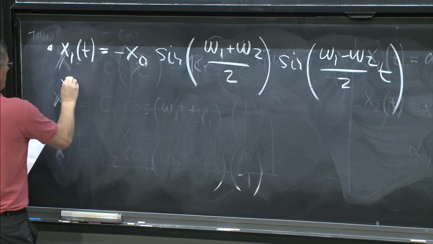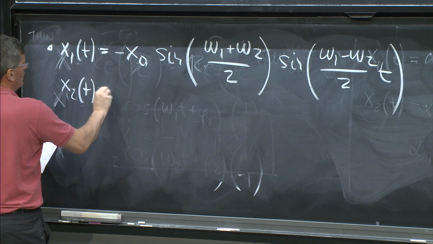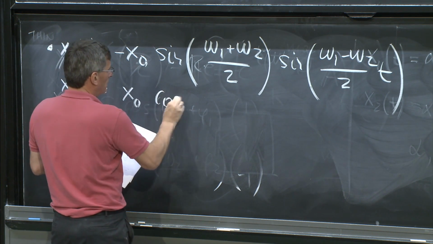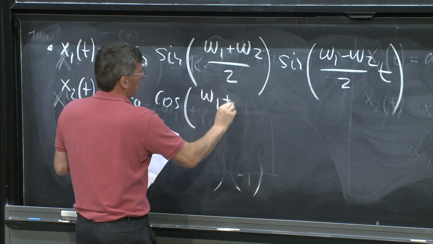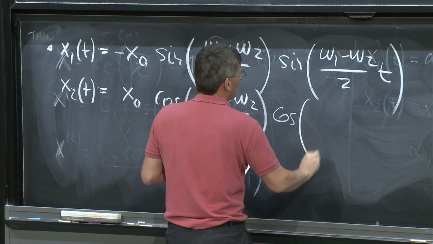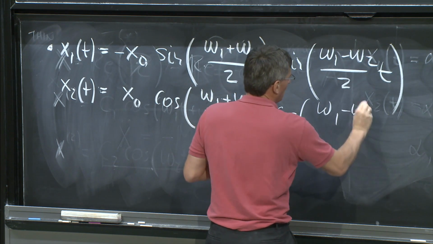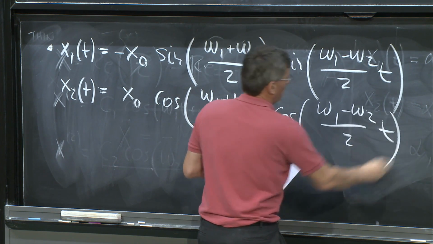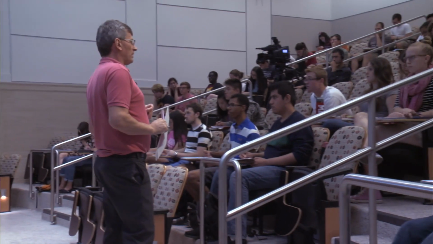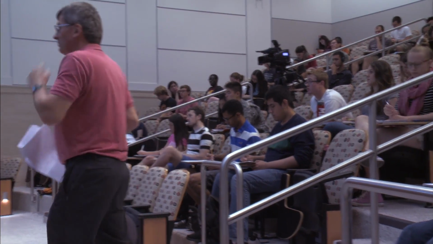And x2 of t is equal to x0, some amplitude, cosine of (omega 1 plus omega 2) divided by 2 times t, times cosine of (omega 1 minus omega 2) divided by 2 times t. So again, we did zero physics here. We just rewrote the simple trigonometric equations. But what you see is something interesting here.